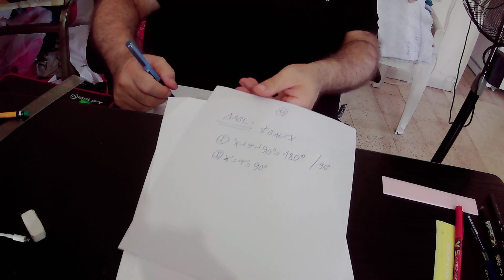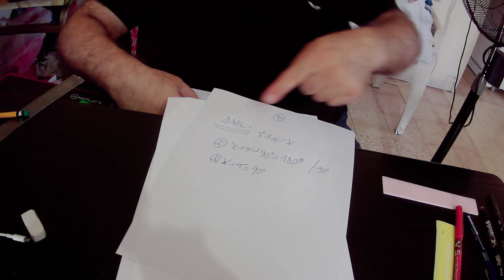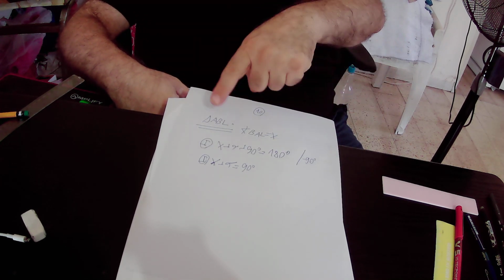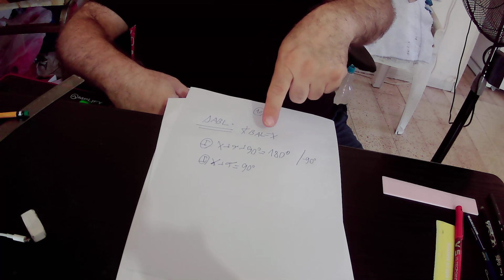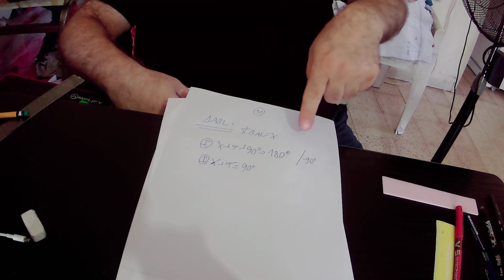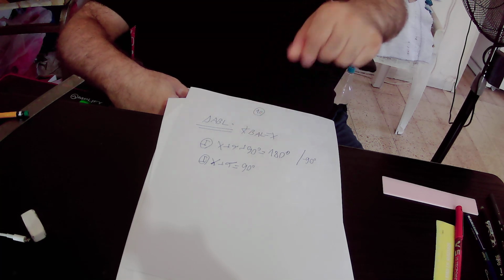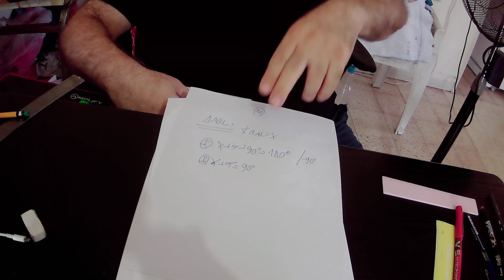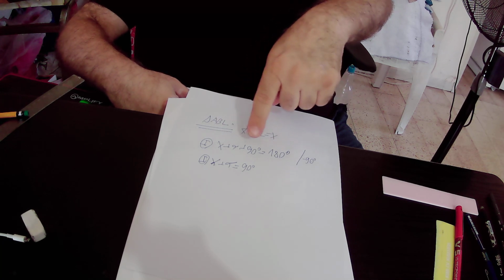So we subtracted 90 degrees from equation number 1 here. x plus alpha plus 90 degrees minus 90 degrees equals x plus alpha, and 180 degrees minus 90 degrees equals 90 degrees. Now we'll subtract alpha from this equation.